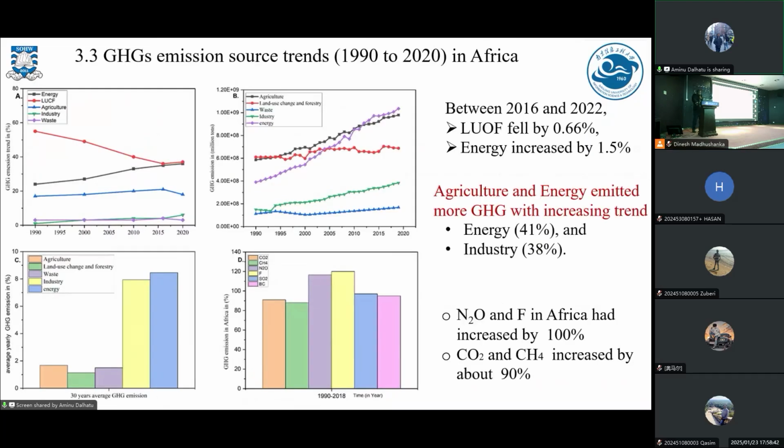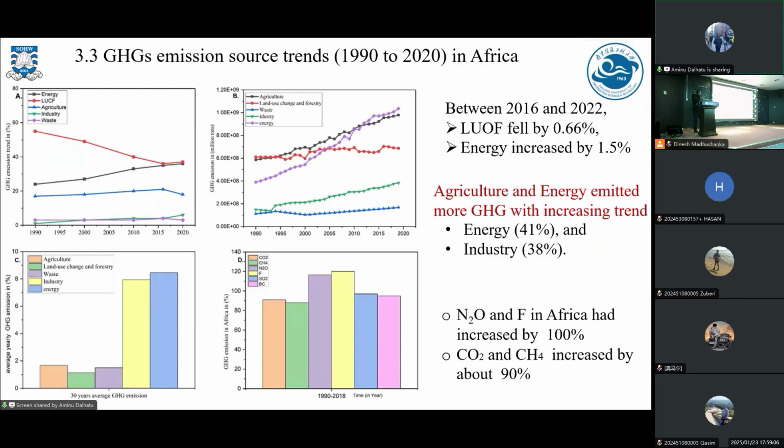These are the sources of greenhouse gas that a lot of papers mention. Land use and forest scale affect temperature, with greenhouse gases decreasing by 0.66, while energy increases by 1.5% during the study periods.